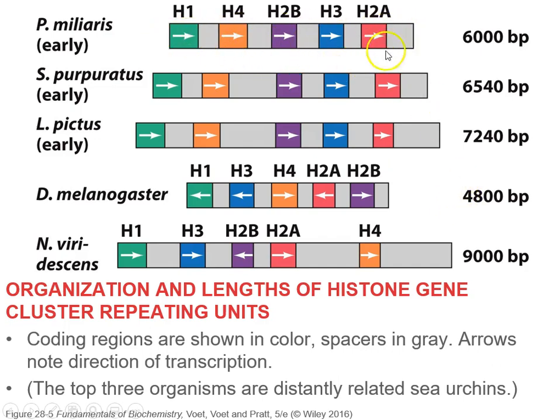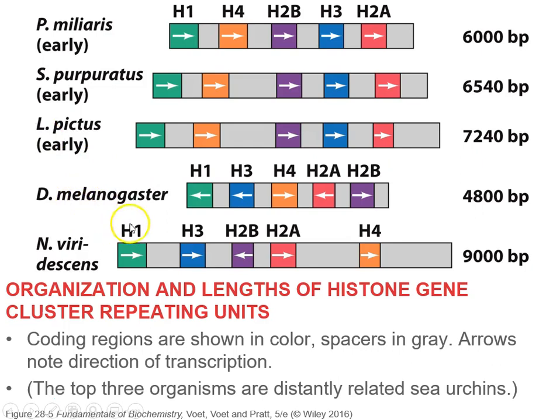Remember when we talked about the structure of histones in a previous chapter, that we studied the functions of these histone proteins, and they are located very close to each other in these repeating units. For some reason, our authors decided to include these sea urchins, so they are related.